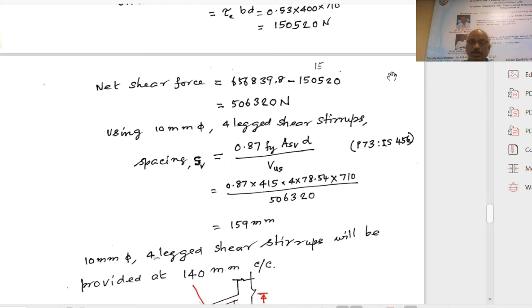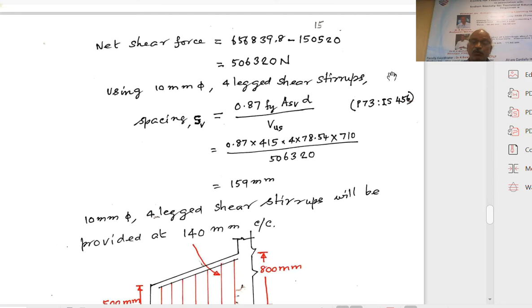You might have used it already. So 0.87 into fy, 415, Asv, that is 4 legs are available at a cross section. Therefore 4 into area of each bar into d 710 by Vus. That is the net shear for which we have designed the stirrups. So that gives the spacing.